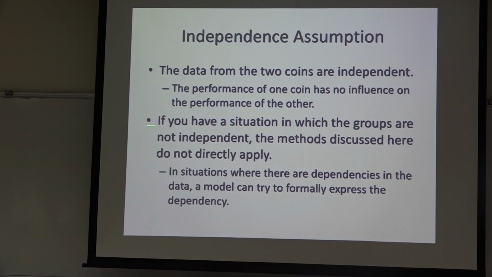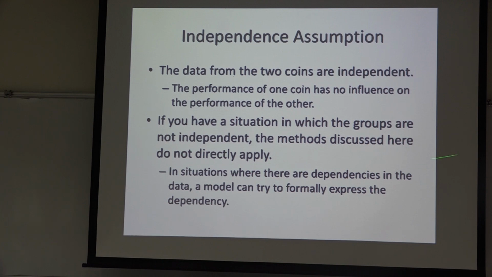If you have a situation in which the groups are not independent, if it happens that the two groups have certain interrelations or interactions that make the data you collect from them no longer independent, the methods discussed here do not directly apply.